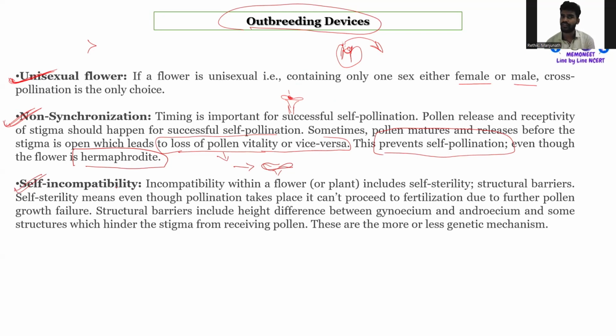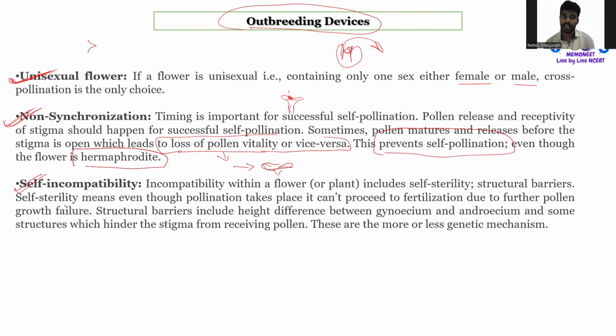self-incompatibility. What do you mean by self-incompatibility? See, self-incompatibility is nothing but self-sterility. The plant, in order to stop inbreeding, has some structural barrier.